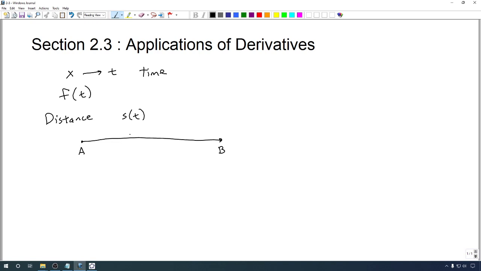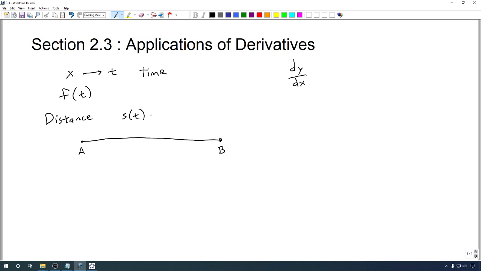Mostly that's because a d would conflict with the notation for derivatives. We had dy dx for our derivatives, and this d here would conflict with a d for distance. So generally we'll use an s here, though we'll use other letters for other functions as well.